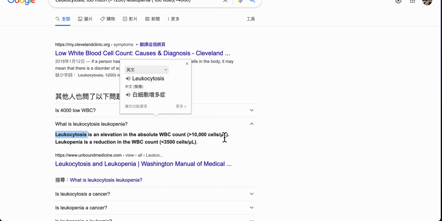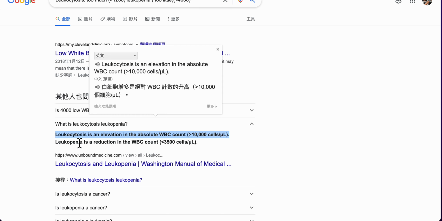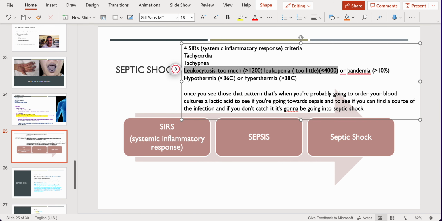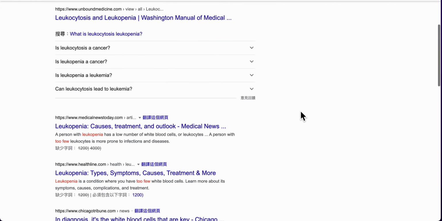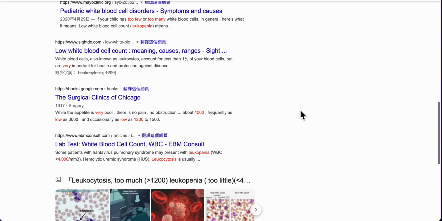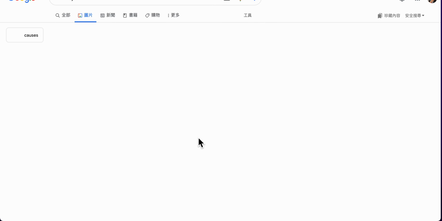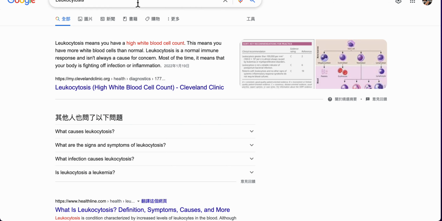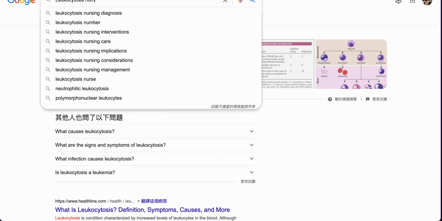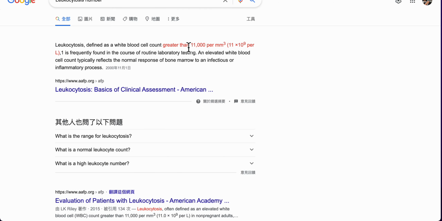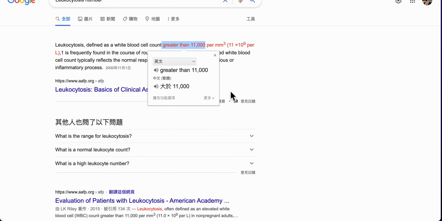Leukocytosis is an elevation in the absolute WBC count, greater than 10,000 cells per microliter, or greater than 11,000.